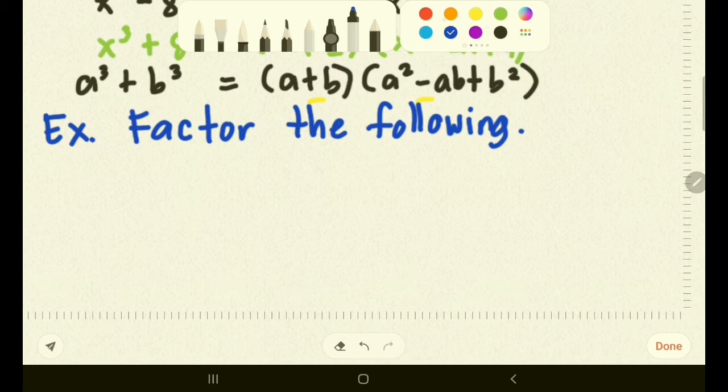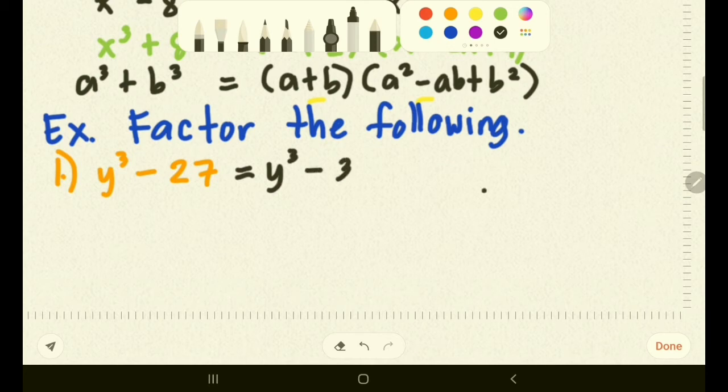Let's have example number 1. y cubed minus 27. Okay? So the first step is to express each term to the power of 3. So you have your y cubed minus 3 cubed. And then you get the factors.